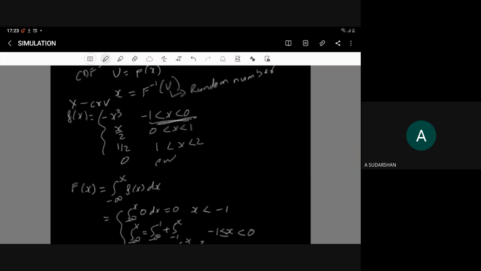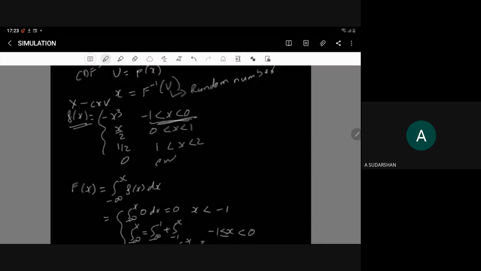So in this way, we can generate the random variate which follows the given distribution.